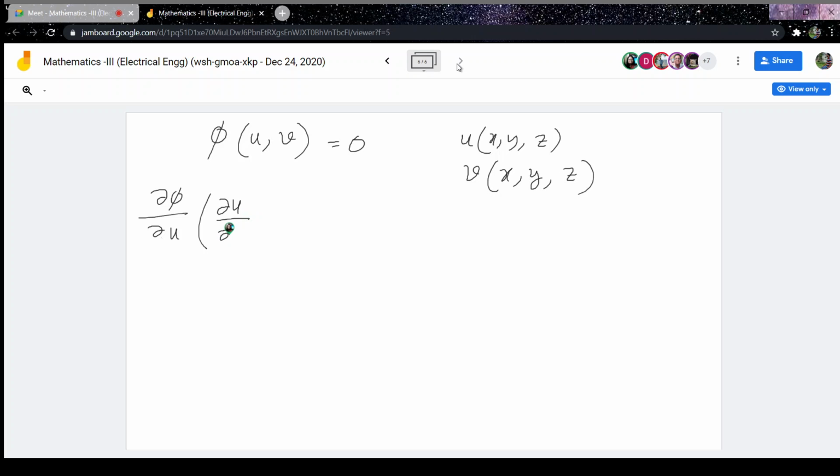I am first differentiating with respect to x. U is a function of x, y, z. del u by del z into p.